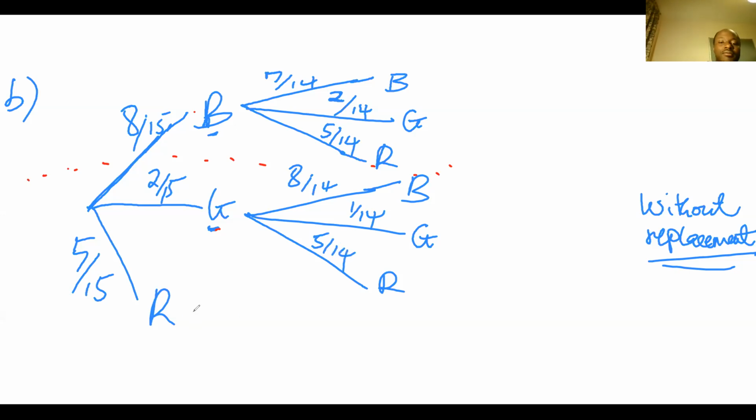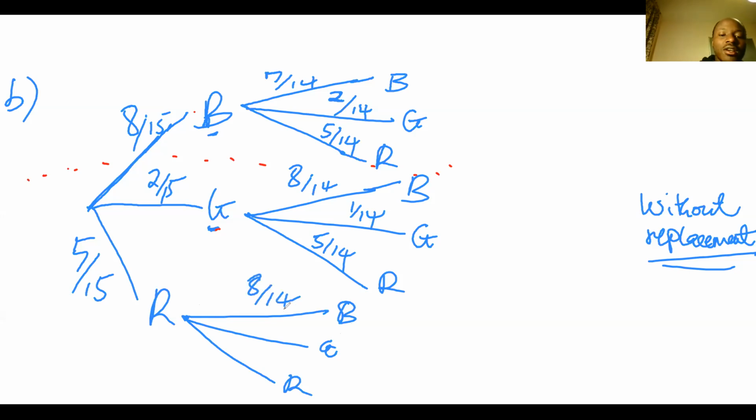Then finally is red. So if you pick the first red, the next one blue will be 8, green will be 2 over 14. Then finally red, you picked one, so you remain with 4 over 14.